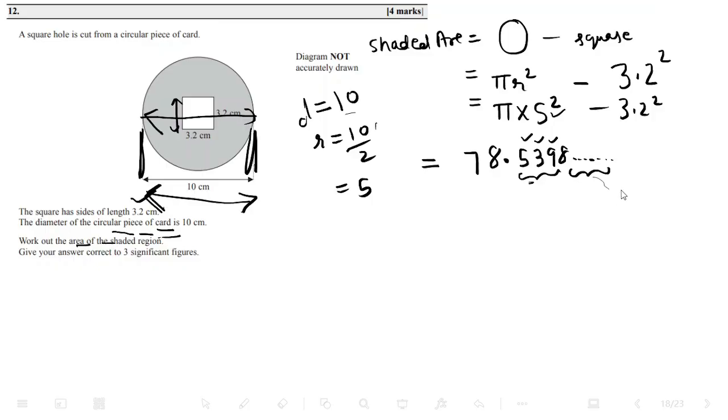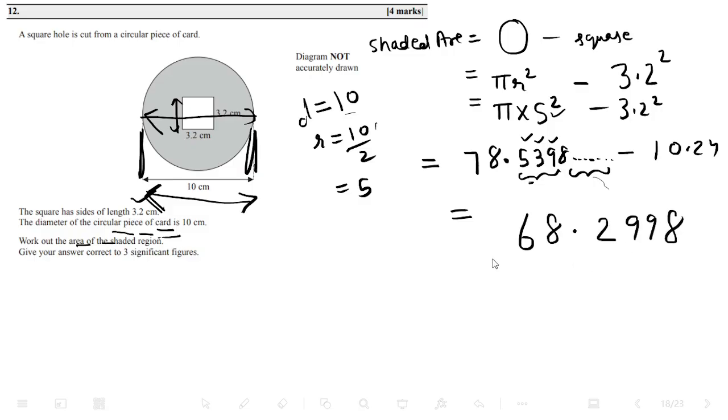That equals 78.5398 minus the square, which is 10.24. When we subtract them, the answer is 68.2998.